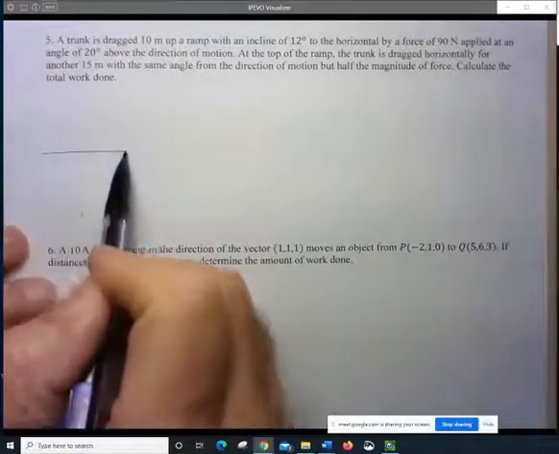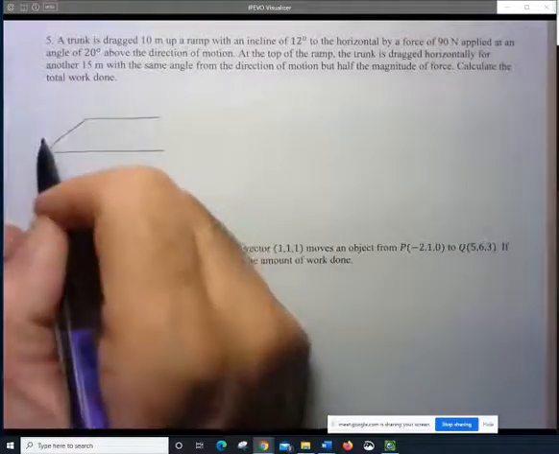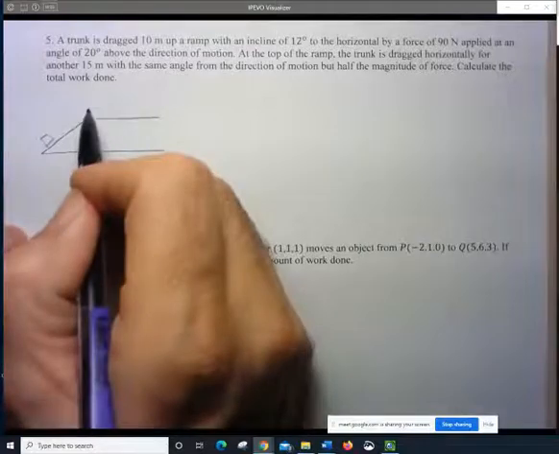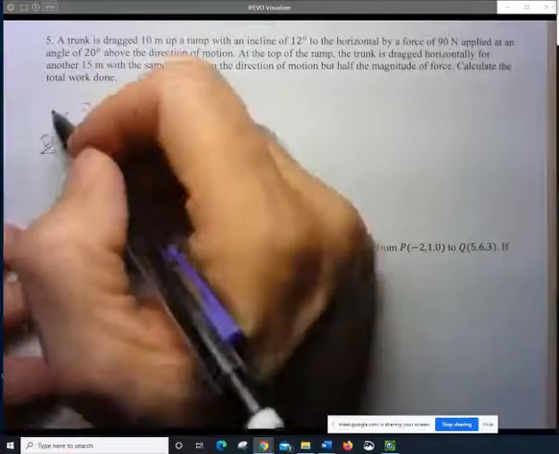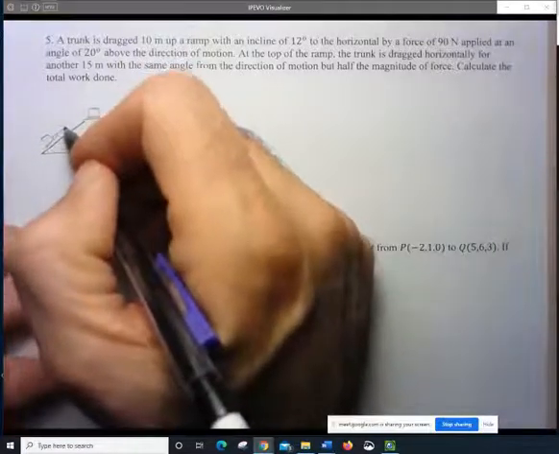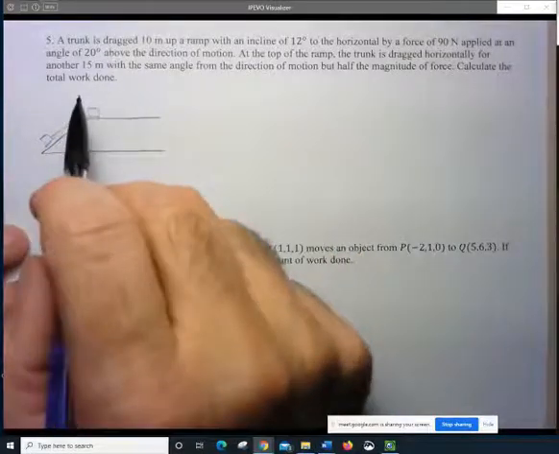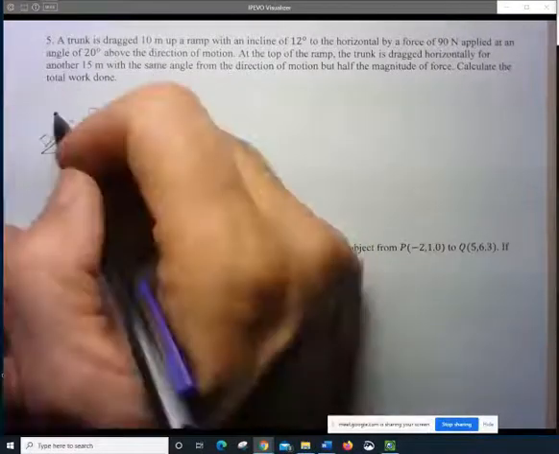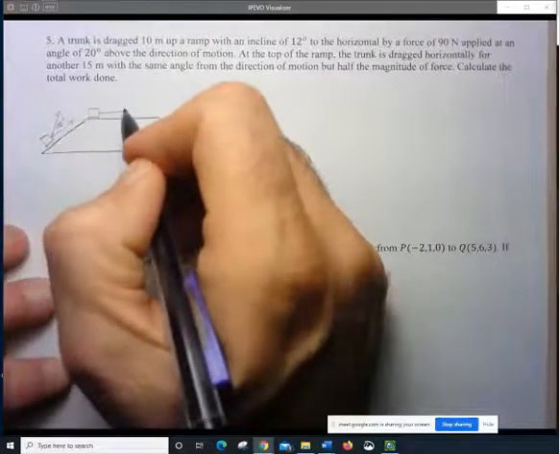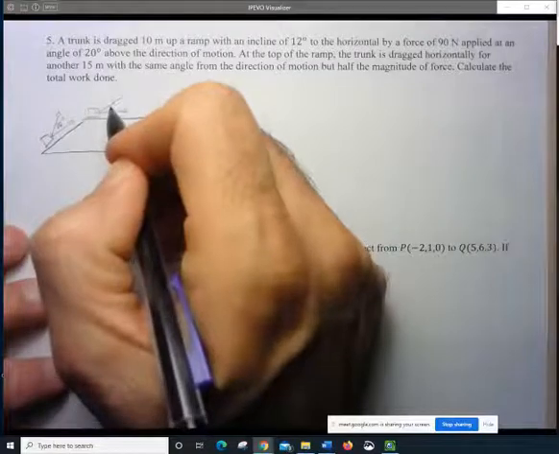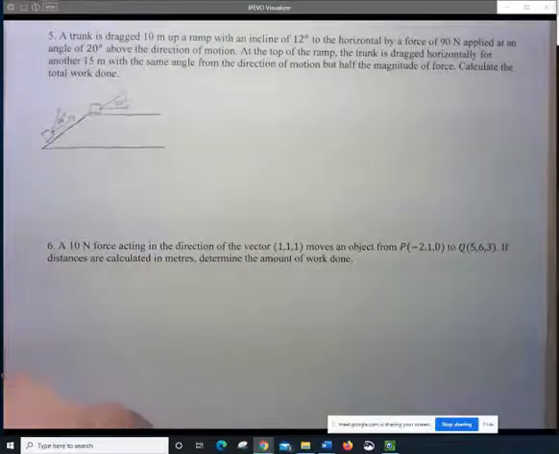They give you some piece of information that doesn't end up coming into play. So in the end, if you're trying to represent this here, you've got the box that's going up the ramp and then horizontally on the top. And in the end, the direction of the force is always given with respect to the direction of motion. So this is 20 degrees, and here moving this way, the displacement, but the force is again given with respect to the direction of motion.